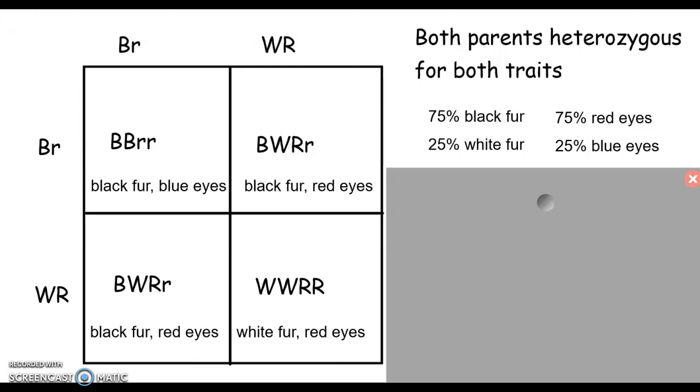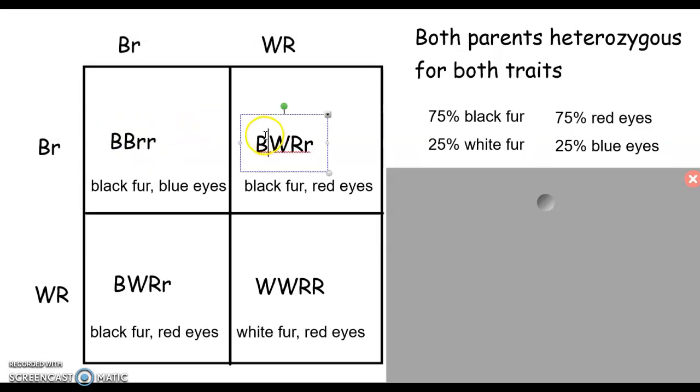Here are the results of that Punnett square. Notice at the top, of course, we've got the combination of the linked alleles. So big B little r on the upper left-hand side and big B little r on the side, right? And that combination gives us big B, little r.